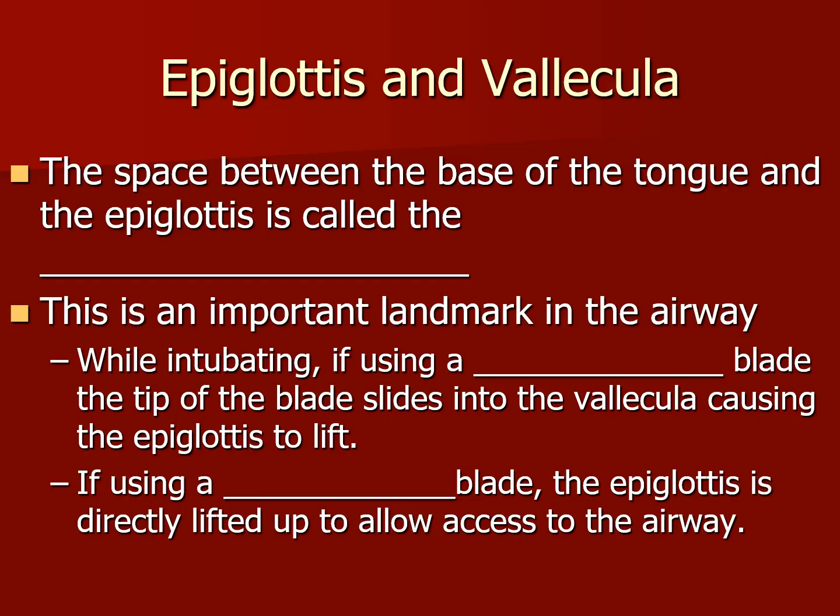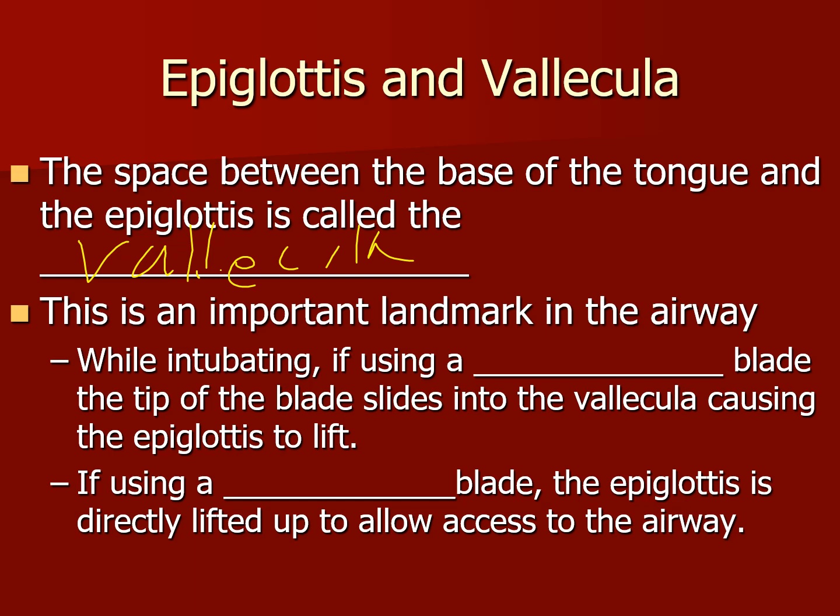So the epiglottis and the vallecula, the space between the base of the tongue and the epiglottis is called the vallecula. So these are very important landmarks. So if I ask about landmarks, this is the slide that you should bring into your brain. This is the vallecula, V-A-L-L-E-C-U-L-A. The vallecula, right?